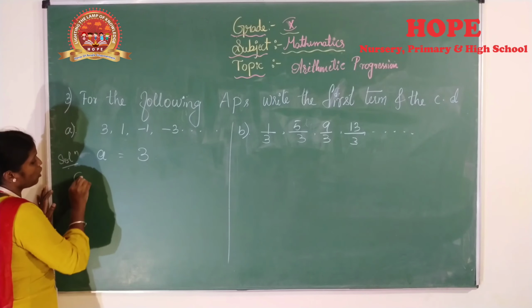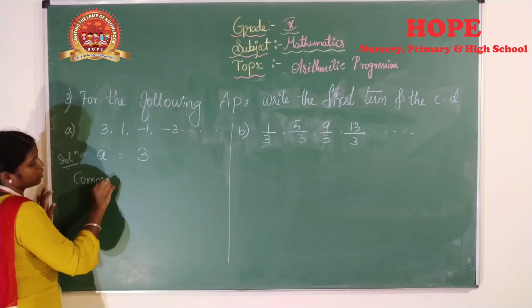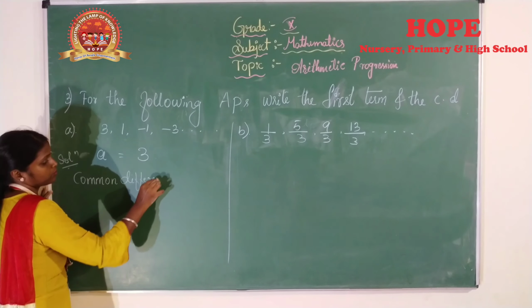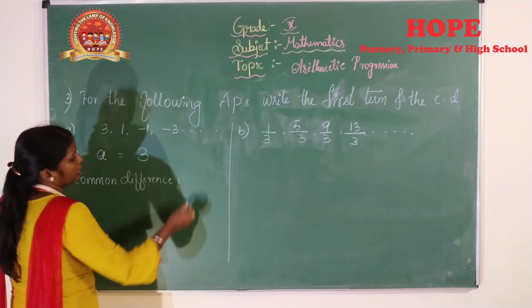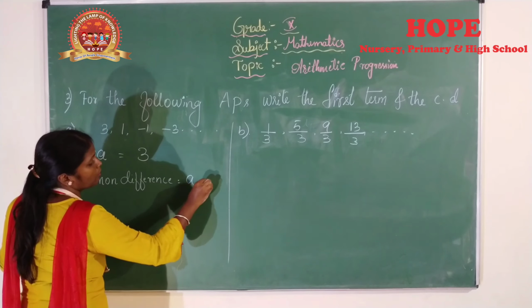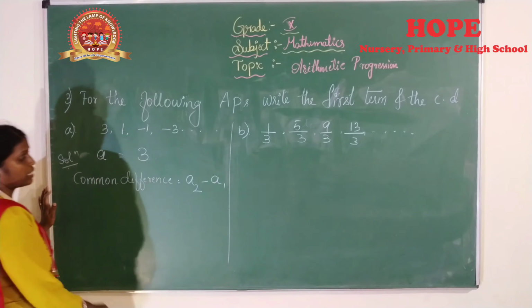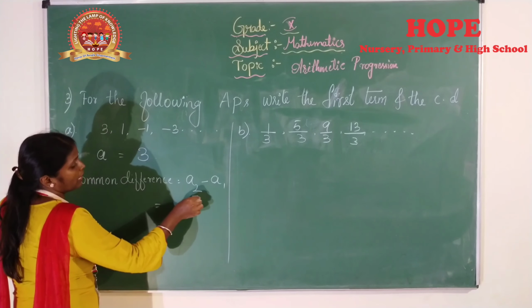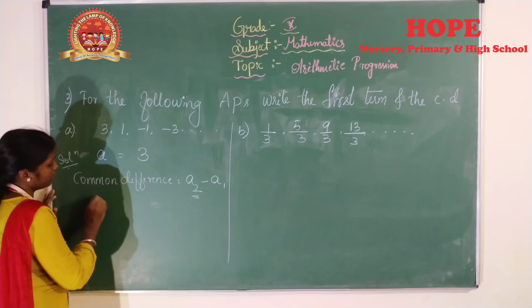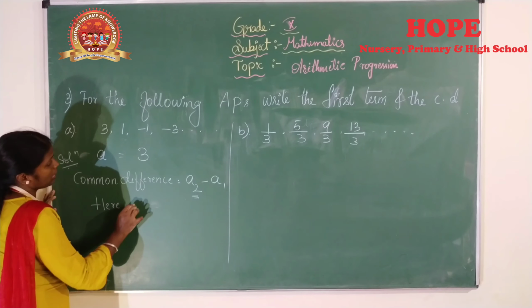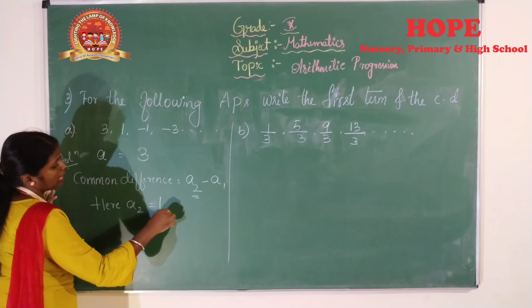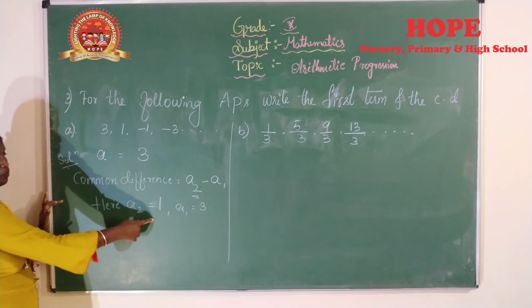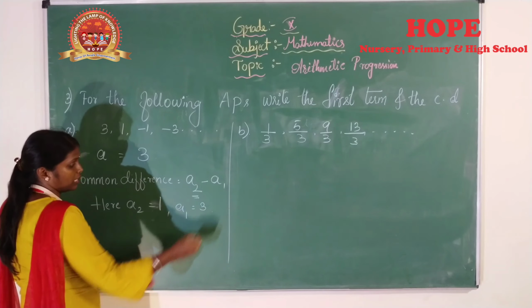And to find the common difference, it is like A2 minus A1. In this question, A2 is 1 and A1 is 3.